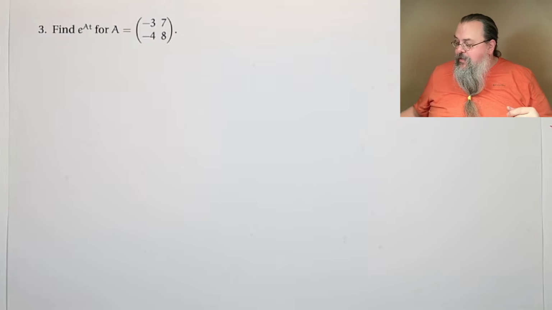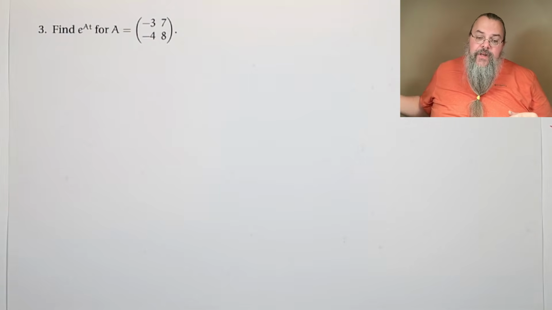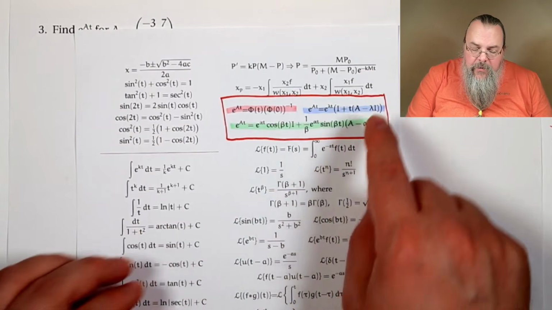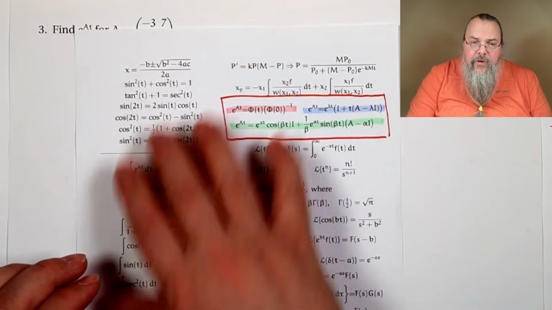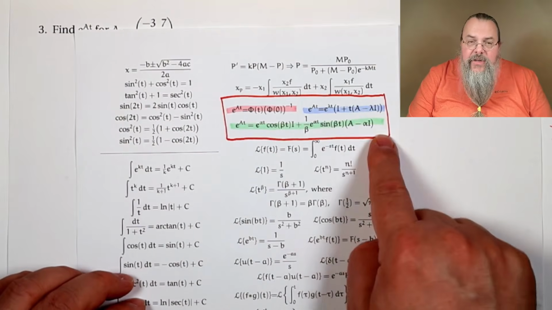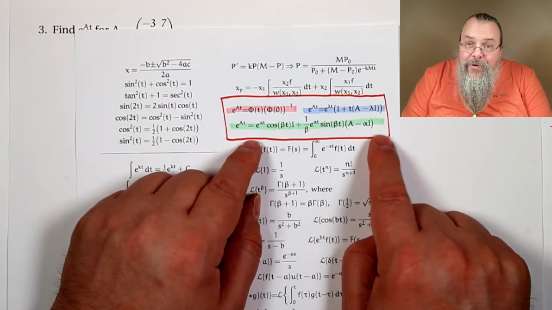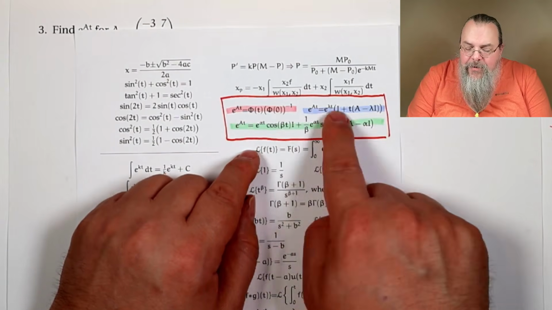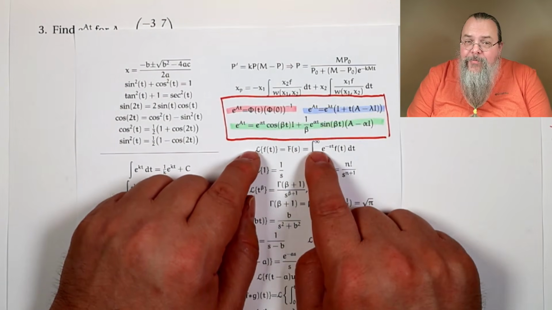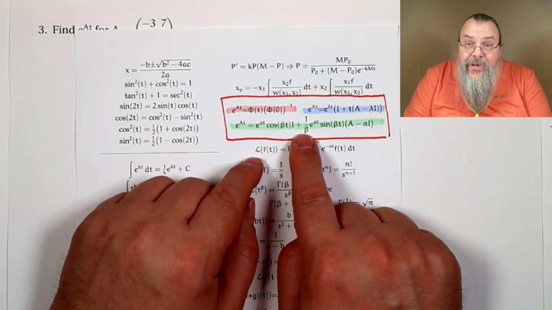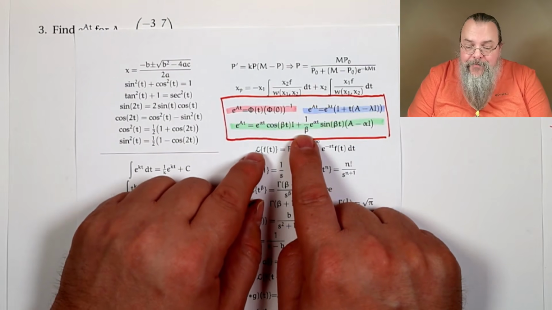And in fact, if you look at the formula sheet, there's a nice set of formulas. For this part of the course, there's just this single box here. This box is the formula sheet for this part of the course. And all of them deal with e to the at. So there's 3 formulas for e to the at, and they correspond to the 3 situations which we might encounter.